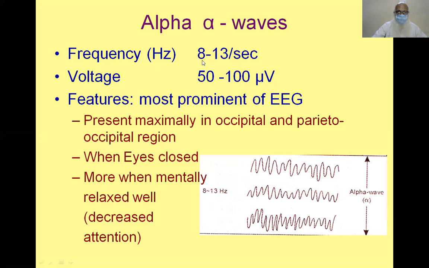So frequency is 8 to 13, voltage is 5 to 100 microvolts. The most prominent features are maximally in the occipital and parietal region, where they are formed. And you find it in the eyes closed condition, usually. It is also necessary that the person is mentally and physically relaxed, very well relaxed. Then you get the alpha waves very well.